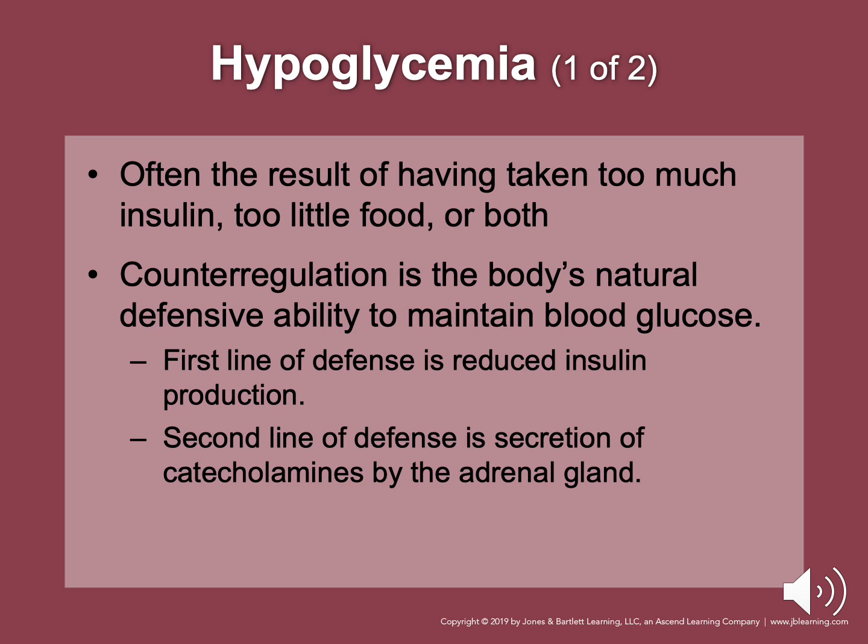Hypoglycemia, often as a result of having taken too much insulin, too little food, or both, results in hypoglycemic crisis, insulin shock. Counter-regulation is the body's natural defense ability to maintain blood glucose at an appropriate level. First line of defense is to reduce insulin production and increase glucagon production. The second line of defense is secretion of catecholamines by the adrenal gland.